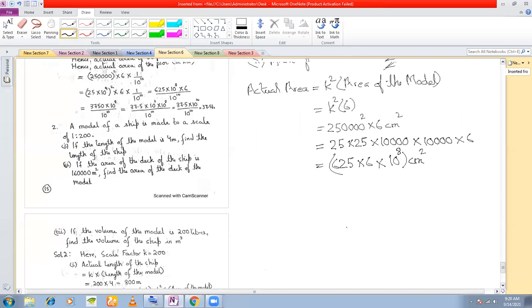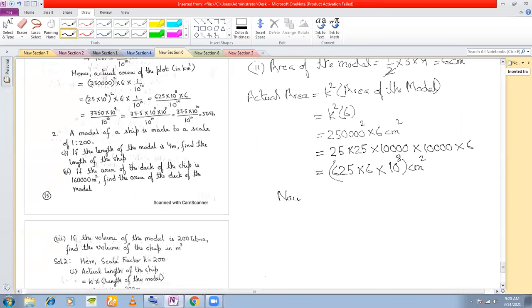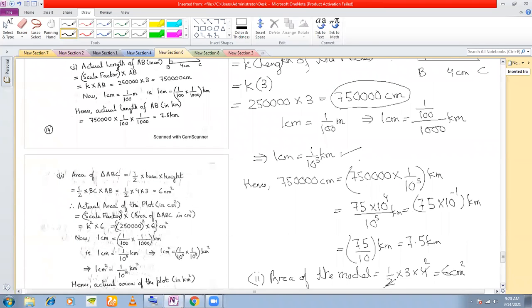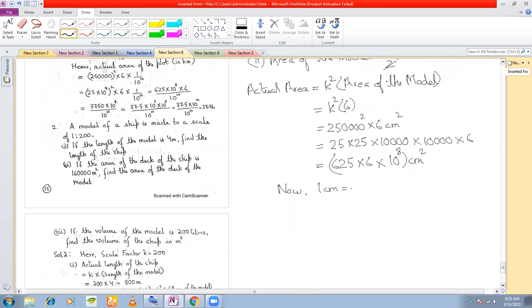Now we would like to convert centimeter square to kilometer square. We know that 1 centimeter is equal to, just as we have calculated above, 1 by 10 to the power of 5 kilometer. That means 1 centimeter square will be equal to 1 by 10 to the power of 5 into 1 by 10 to the power of 5 kilometer square.